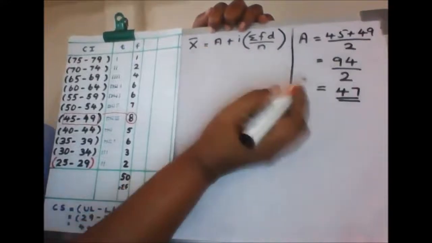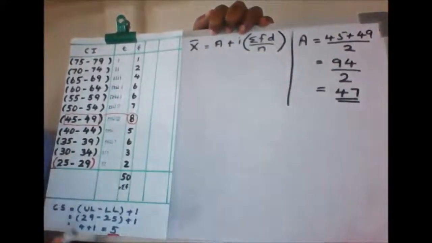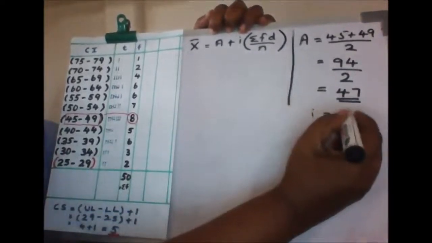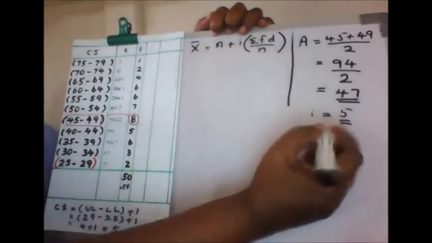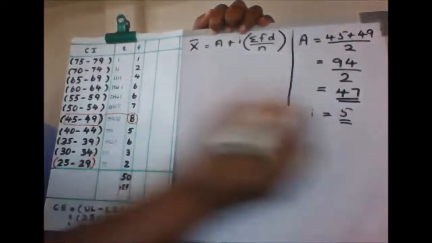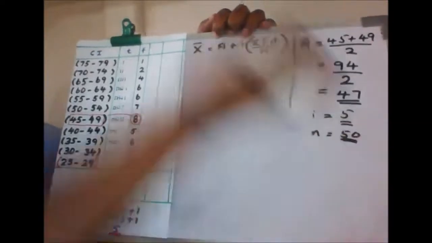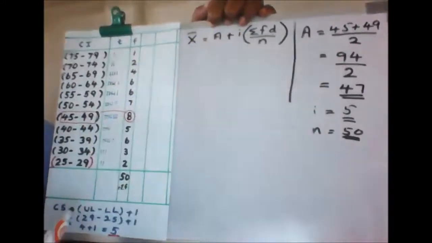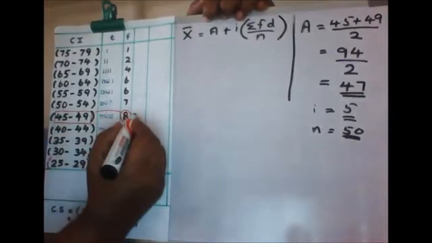A is right. I is the class size. Here the class size is 5. I equals 5. N is 50, summation F is 50. We have to find summation FD. So what's the technique? We go to this class and put 0 here.